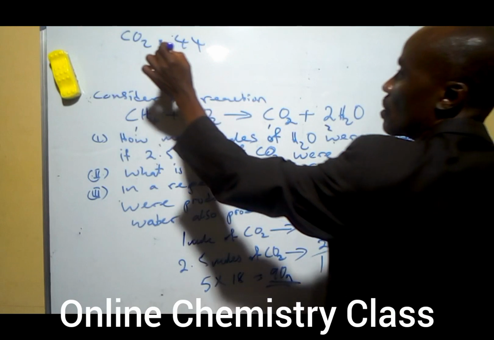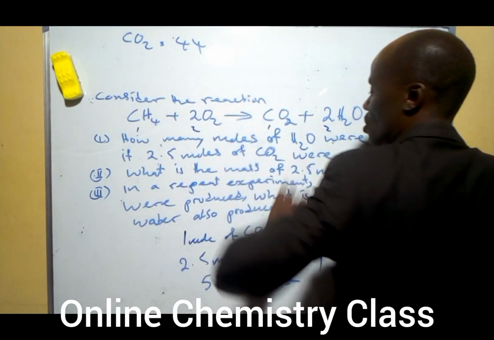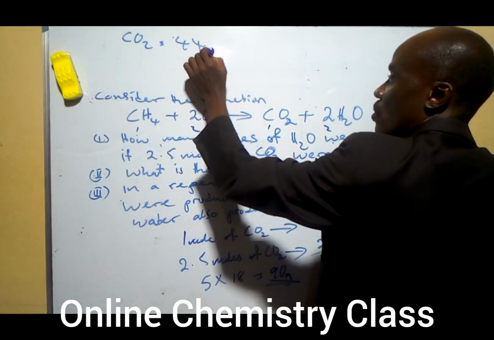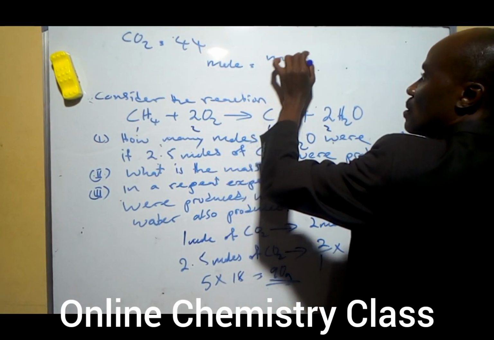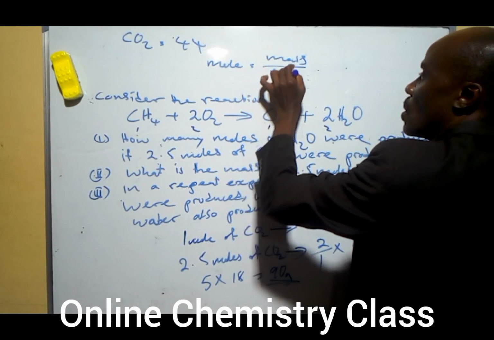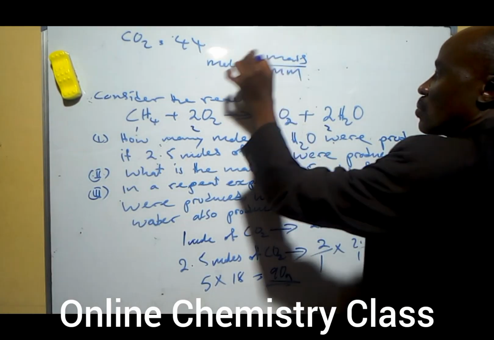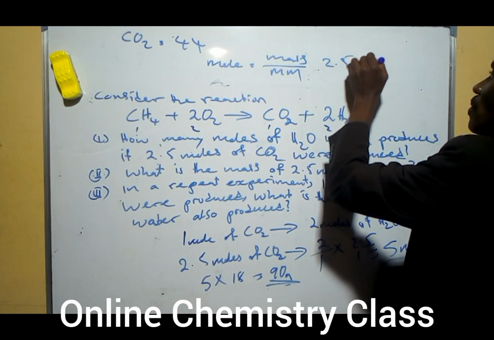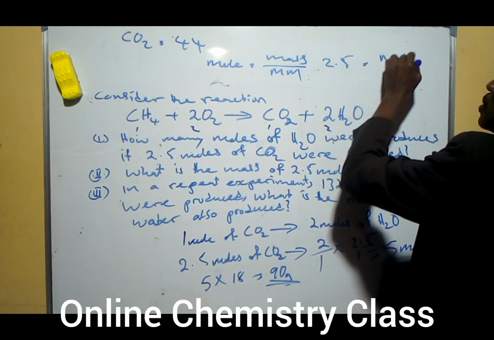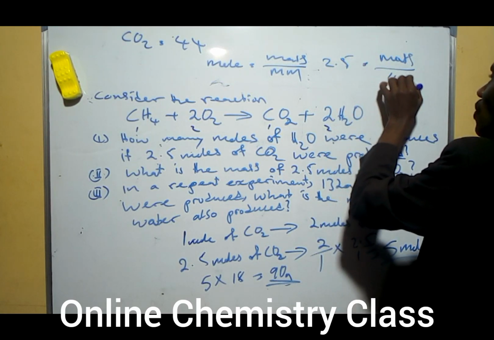In that case, to get the mass, we know that moles is equal to mass over molar mass. So we have the moles to be 2.5, mass is unknown, and then molar mass is 44.